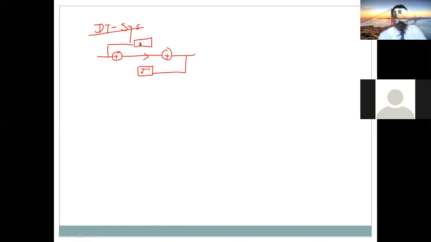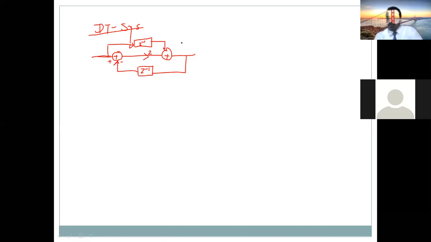I'm drawing here a very simple discrete time system.